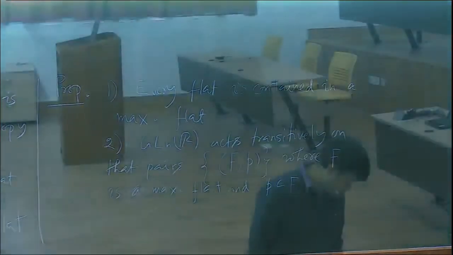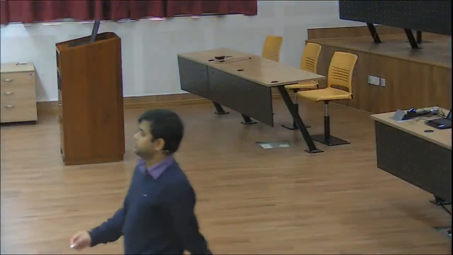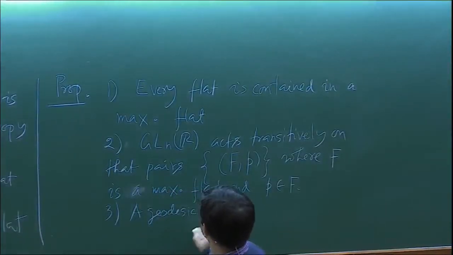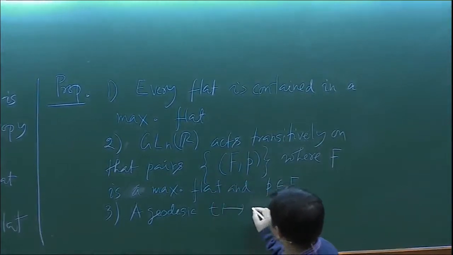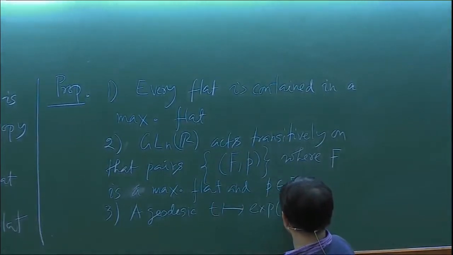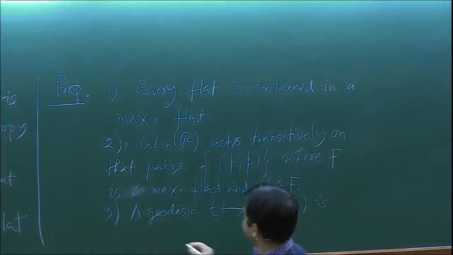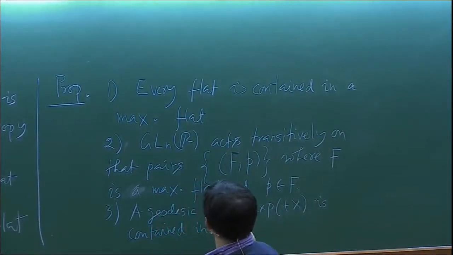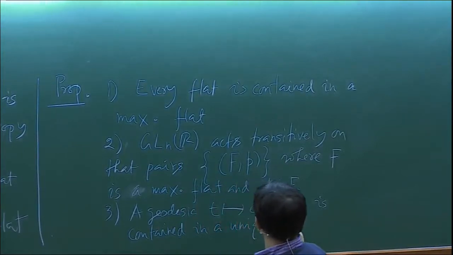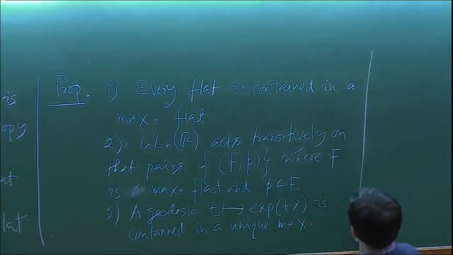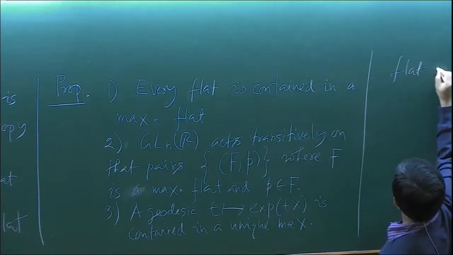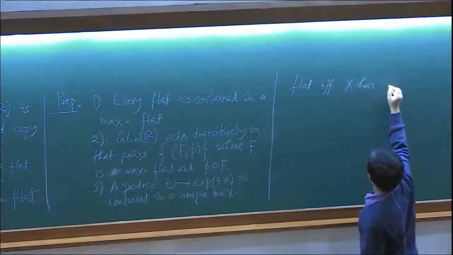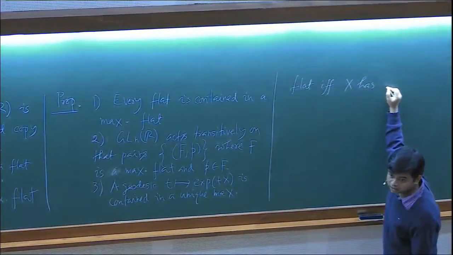And a geodesic, we are considering a geodesic passing through identity. So t going to exponential tX is contained in a unique maximal flat if and only if X has distinct eigenvalues, so has n eigenvalues.